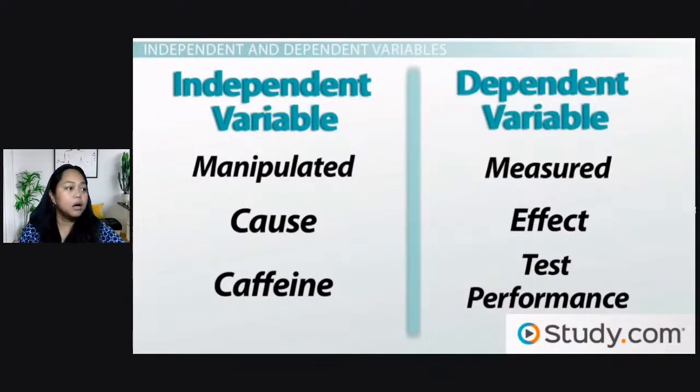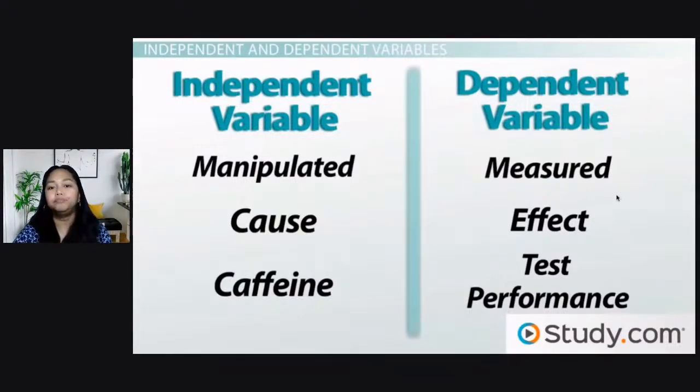So your control variables can be sunlight, soil, the age of the plant, temperature. Your independent variable is the amount of water. Your dependent variable would be the growth of your tomato plants, okay?